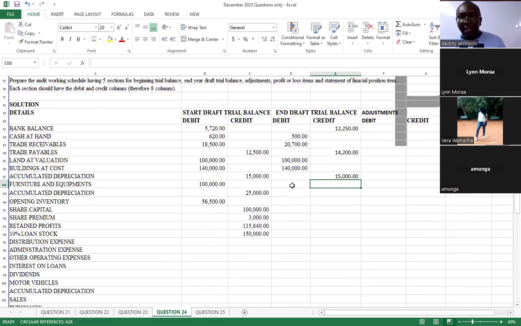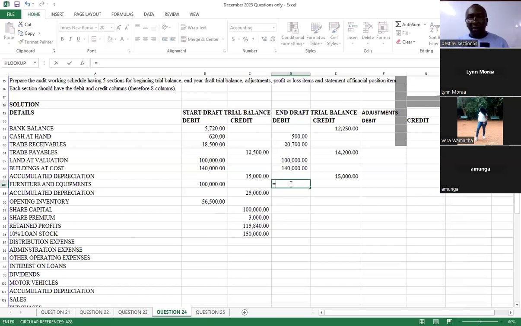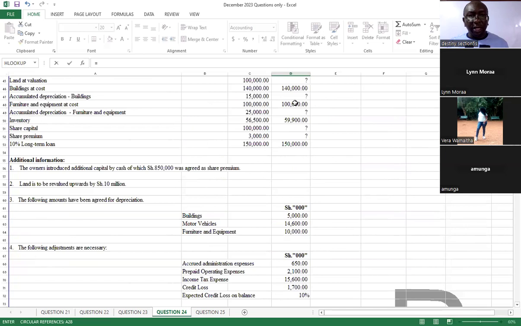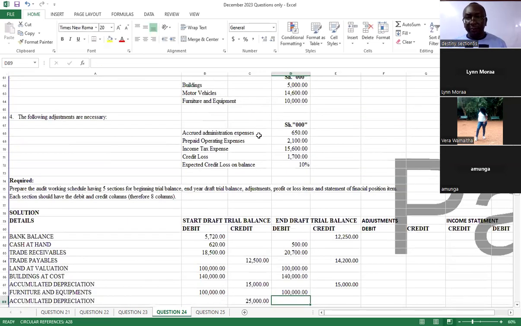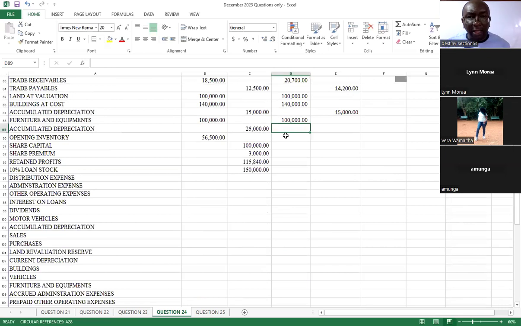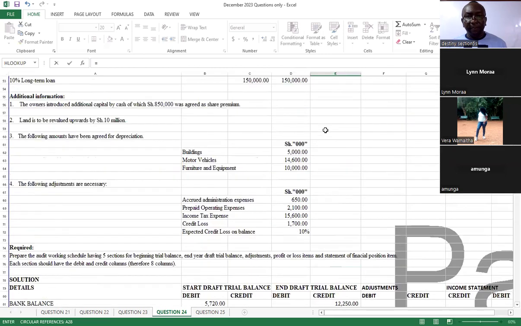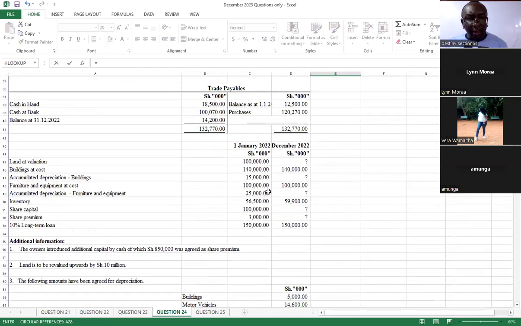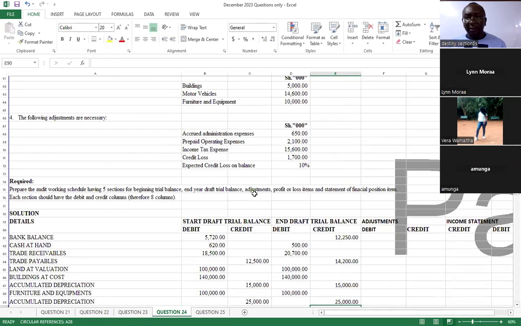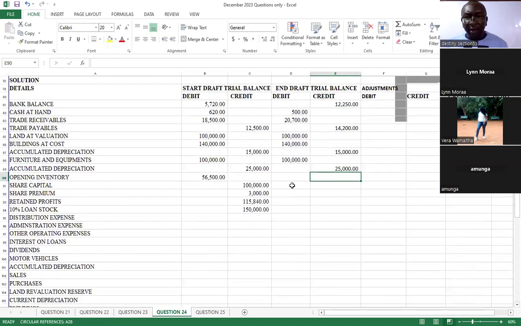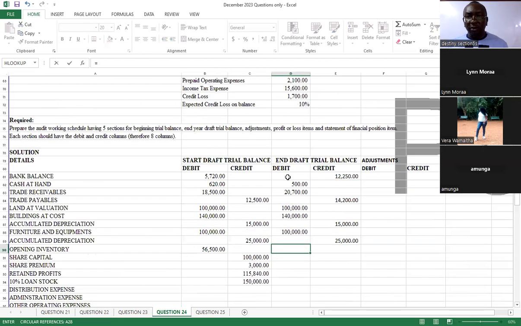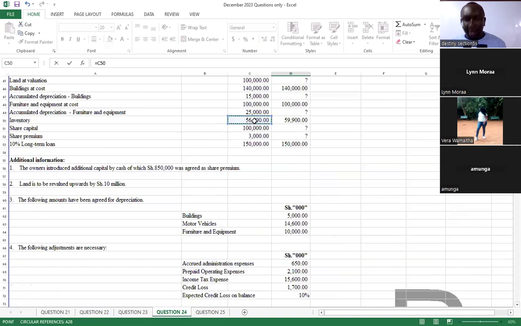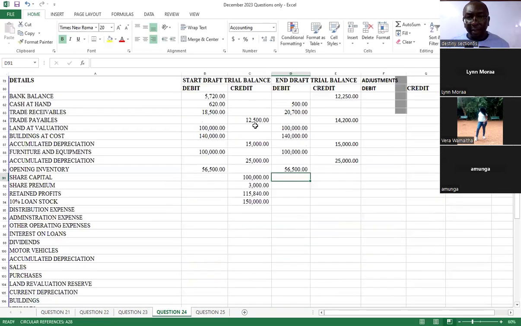Then we have furniture that must be a debit balance equals furniture, you enter. Then now we have the accumulated depreciation that has not been affected, credit balance equals, we come here, we enter. Then inventory, that's a debit balance equals, we come here, we pick this one, we enter.